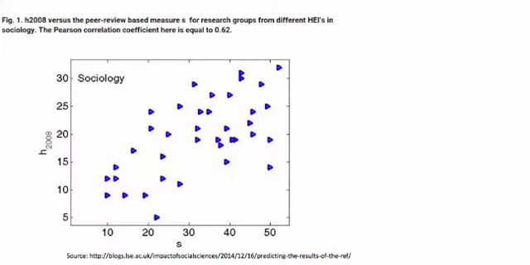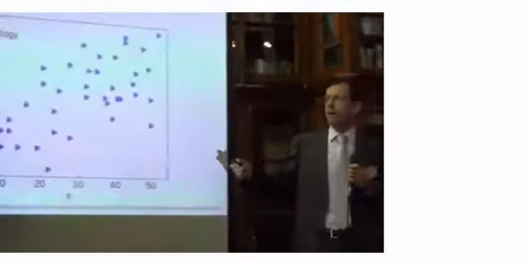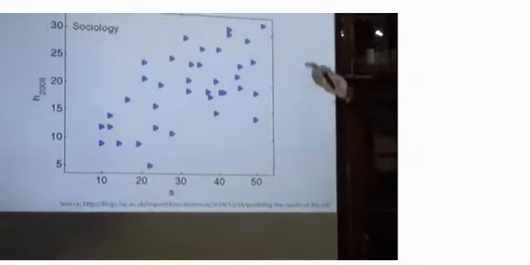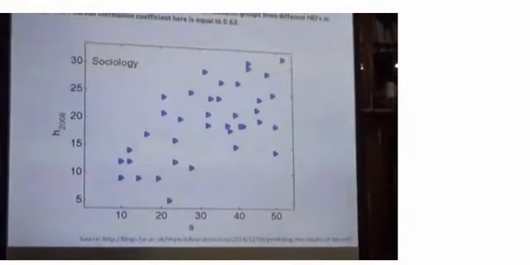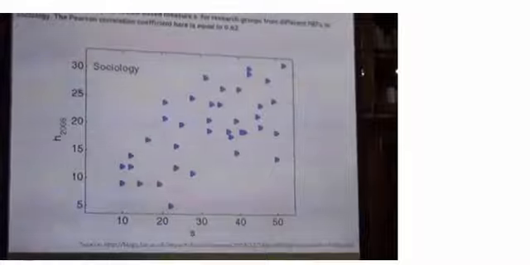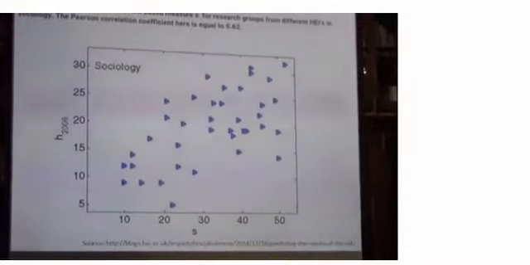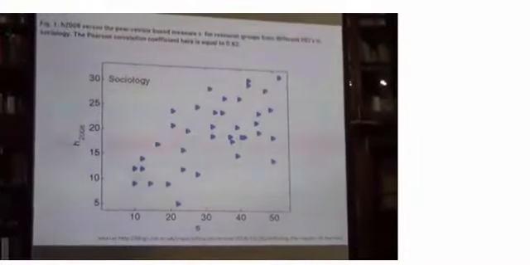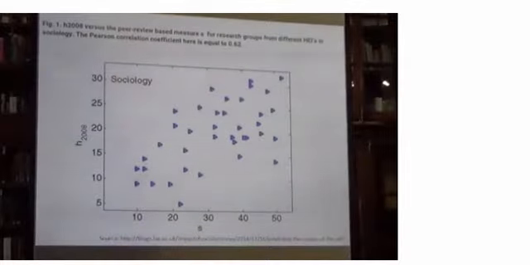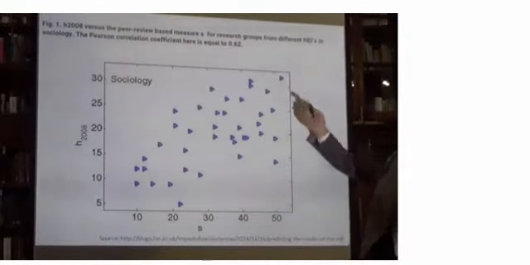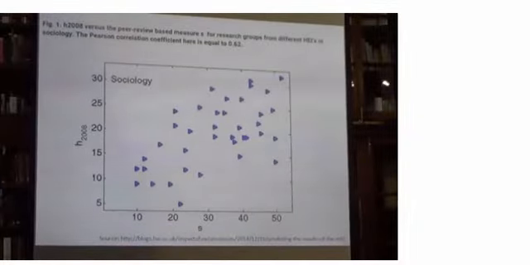Besides, the correlation between peer review and H-index is not that high. It's about 0.6, but if you think about the impact and multiply it by itself, it means that it only holds for 1/3 of the articles or authors published, because if you square 0.6, this is what you get.